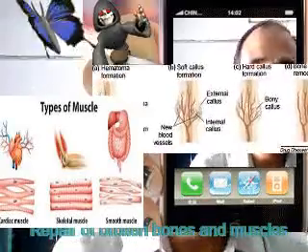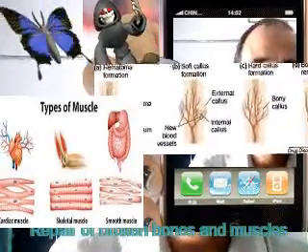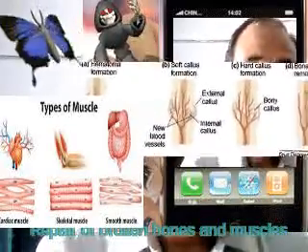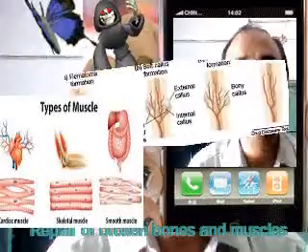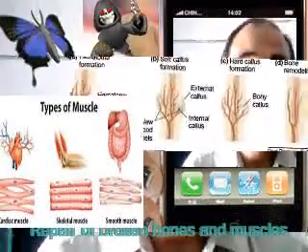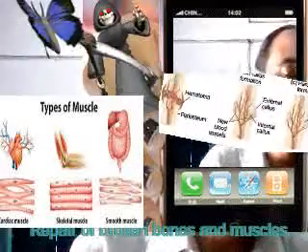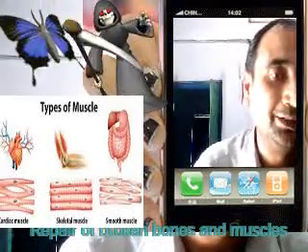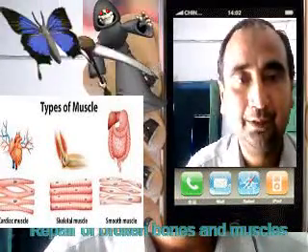Now we'll study the topic called muscles. Muscles are special types of cells that are involved in movements. In vertebrates, the muscles contain special types of proteins such as actin and myosin.